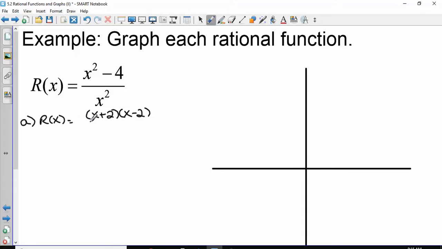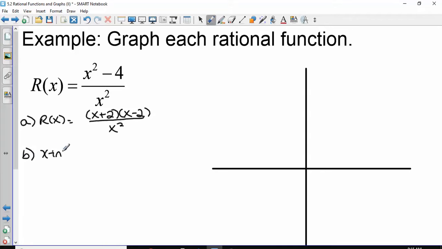X squared, there's really nothing you can do. You can write it as x times x, but that's certainly not necessary. You can just leave that as an x squared. Cancel out anything that we can. Things are only going to cancel if you have the exact same factor on top and bottom. So if I have an x plus 2 on the top and an x plus 2 on the bottom, they drop. Here, nothing drops out, so we're going to go straight into our intercepts.